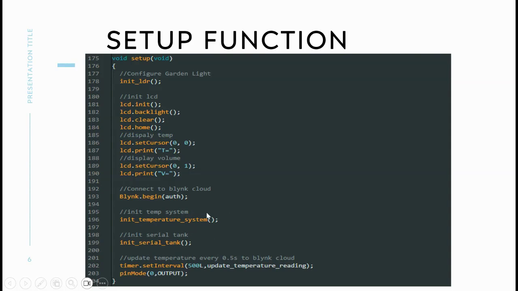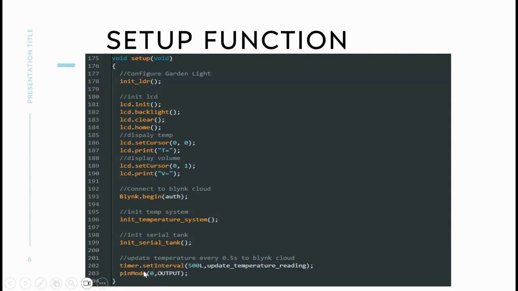The full block is given in the code, but these are just the big blocks that fit together to form the whole system. Then here you have your serial tank. Here we are initializing the serial tank, and we are using this to call this function every 500 milliseconds, or half a second. Actually, this last line is not among the program.